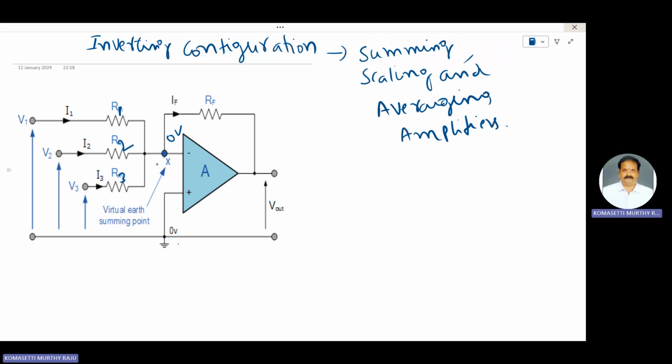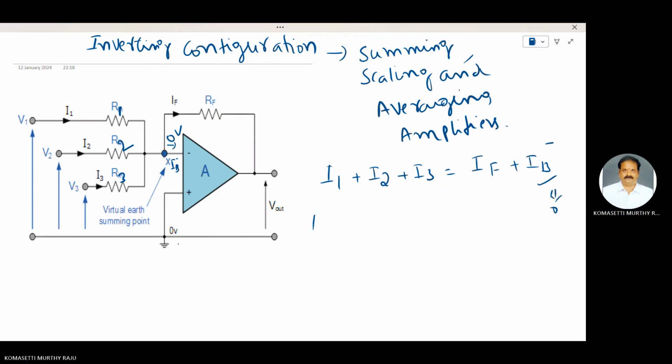I1 plus I2 plus I3, these three currents are entering node X, and two currents, IF plus IB minus, are leaving the node. In the ideal case, IB minus is equal to 0. Therefore, I1 plus I2 plus I3 is equal to IF.